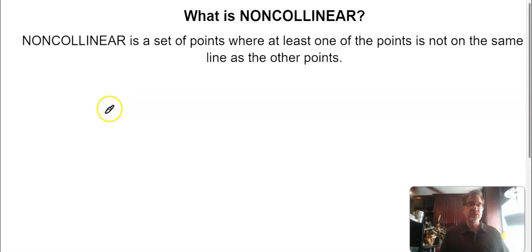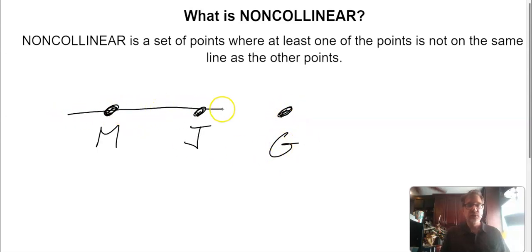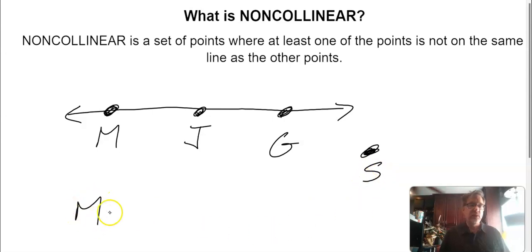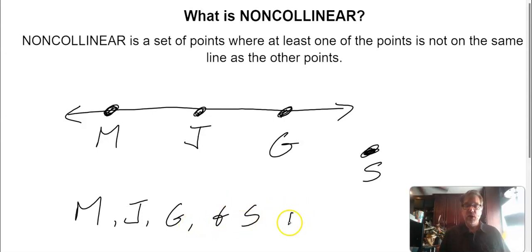So if I take the points, let's say I start with M, J, and G again. These 3 points are collinear. They are all on the same line. But as soon as I put S not on that line, M, J, G, and S are non-collinear.